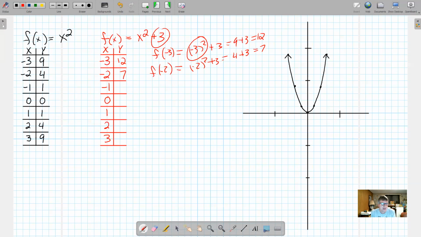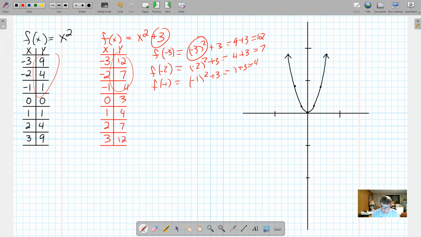So again, that first part matches the previous, the black equation, and then the +3 adds 3 to the y value. F of -1 is -1 squared plus 3, which is 1 plus 3, which is 4. So all of these values are just these values increased by 3. So this is going to be 3, 4, 7, and 12 likewise.